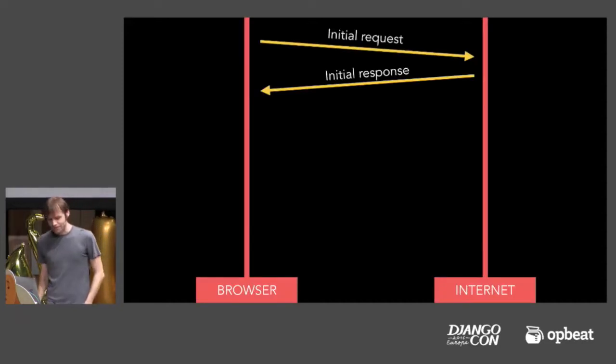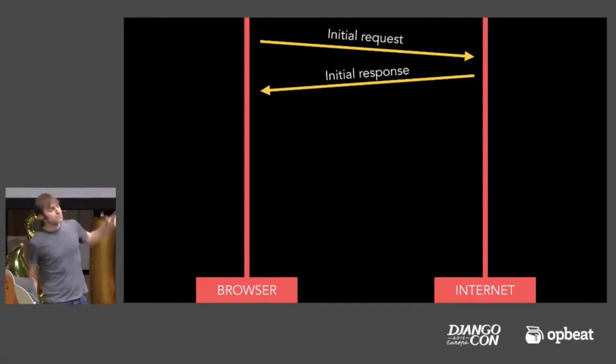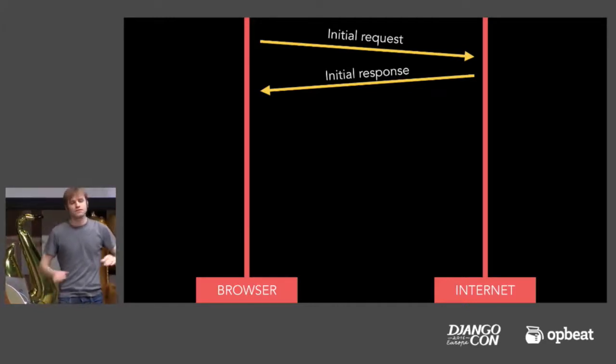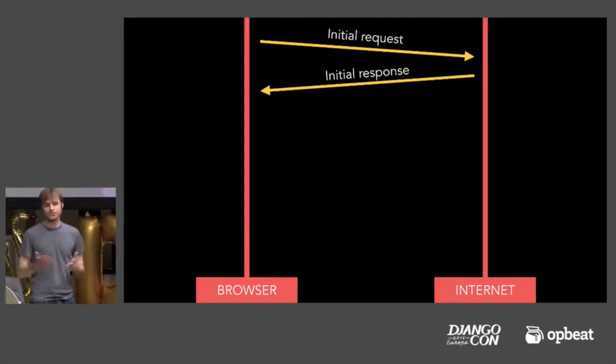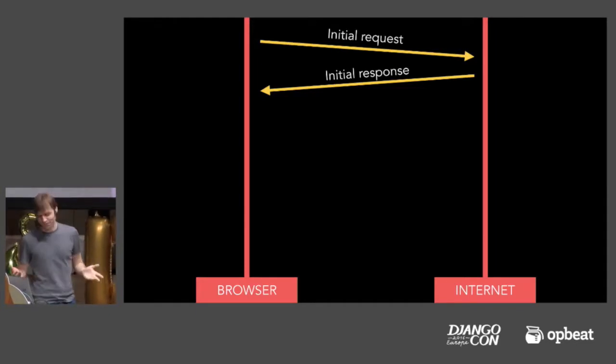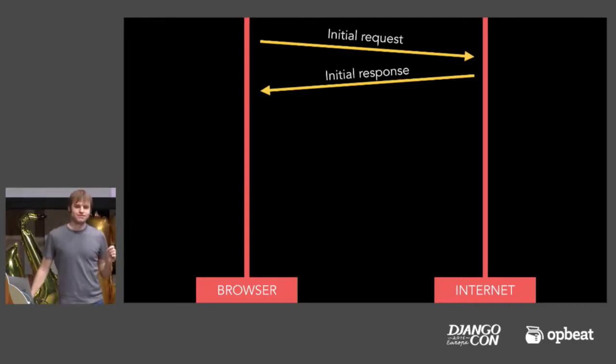So the way that this works in practice is somebody visits soundslice.com, and there's the initial request and the initial response. Nothing there is different than what we've been doing for 10 years or more. But in that initial response, within the HTML markup is a little bit of code that says, register a service worker for this domain, soundslice.com.